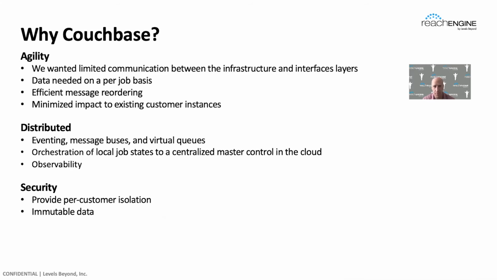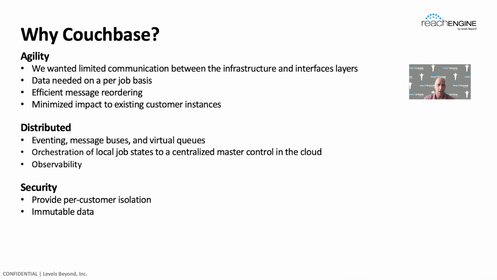And I don't just mean that from the agile practice perspective, but the ability to be agile both with our customers and with the code base. So we wanted to limit communication between our infrastructure and interface. The big ball of mud had become extremely complex with what was talking to what. So we wanted clear separation there.